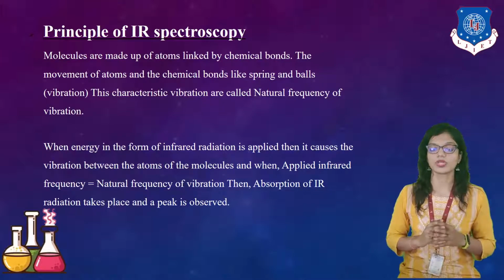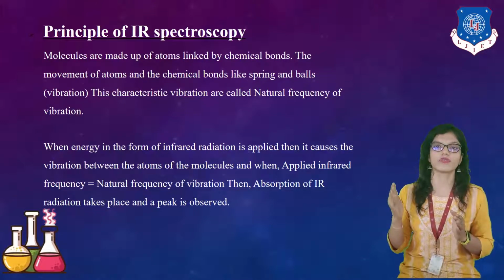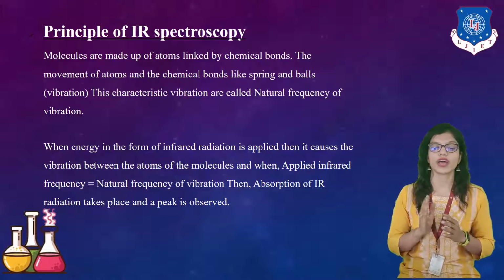So when the energy in the form of infrared radiation is applied, it causes the vibration between the atoms of the molecules, and when the applied infrared frequency matches or equals the natural frequency of vibration, then absorption of IR radiation takes place and a peak is observed.